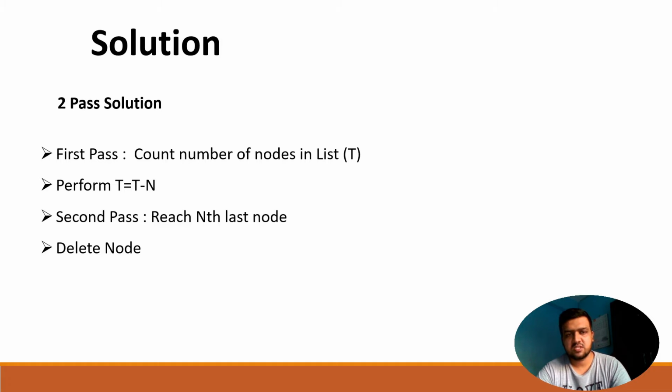In the first traversal, I will go through the whole list and count the number of nodes present in the list, and then I will perform t equals t minus n. Basically I am calculating the node which I want to delete using the n provided by the user, and in the second pass I will reach that node and then delete it. So essentially this is the two-pass solution.